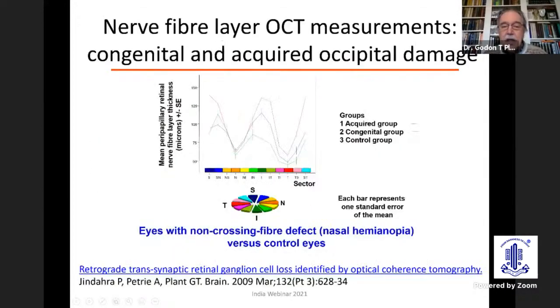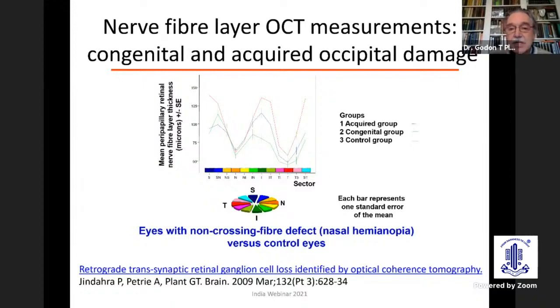And we then looked at a much larger group, and these are the eyes with nasal hemianopia, and we had an acquired group, a congenital group, and a control group, and there was the greatest thinning in the congenital group, fitting with the fact that it's visible with ophthalmoscopy, but there was also thinning in the acquired group.